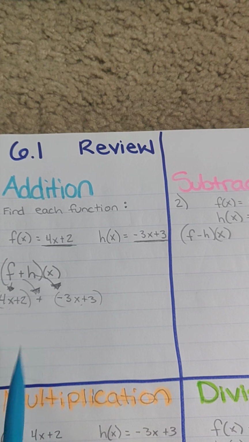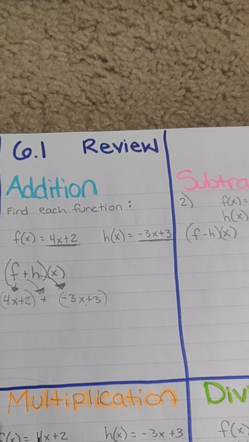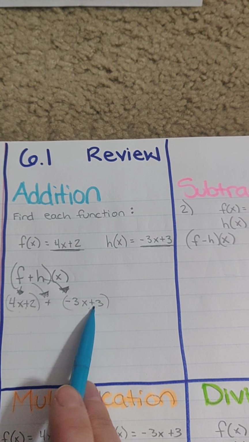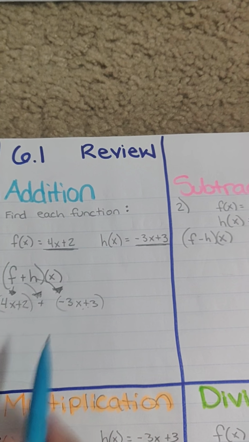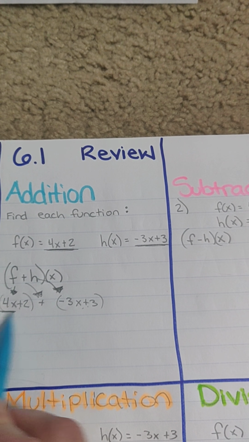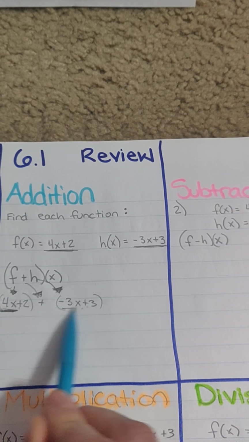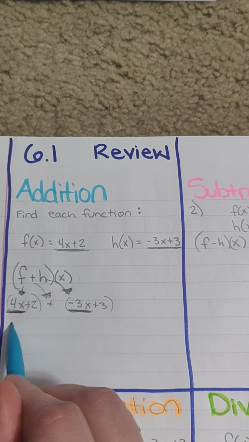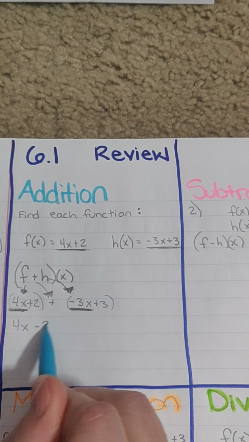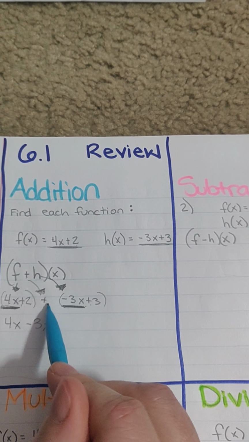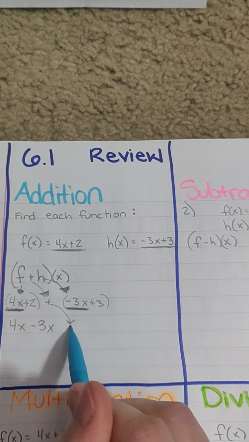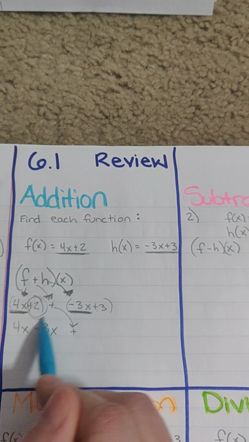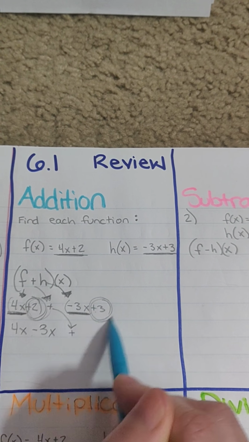So now that I've added F plus H, I need to combine my like terms. My 4 has X and my negative 3 has X. So I'm going to combine those two. If I have 4X minus 3X, and this part still stays the same, then I take my plus 2 and my plus 3.